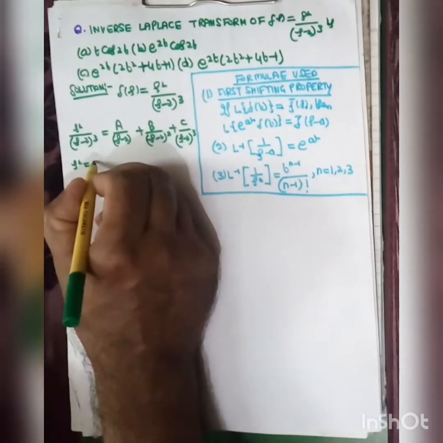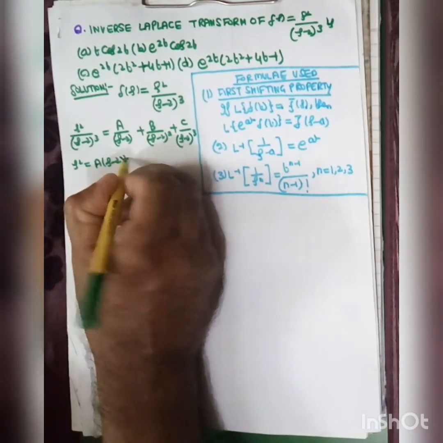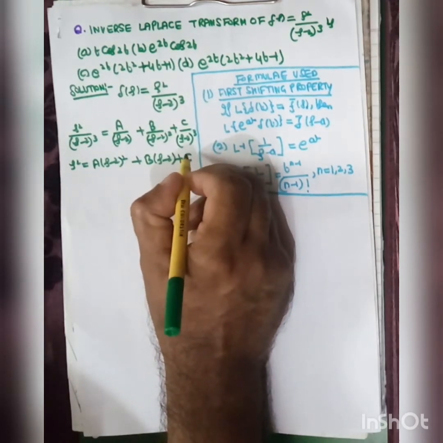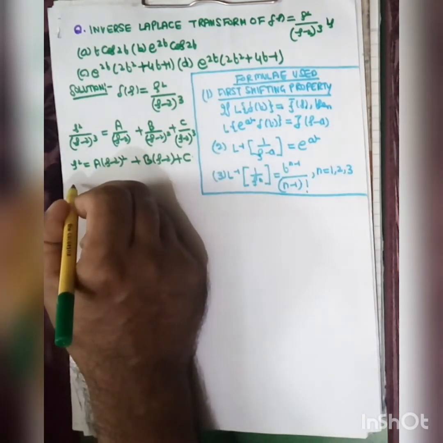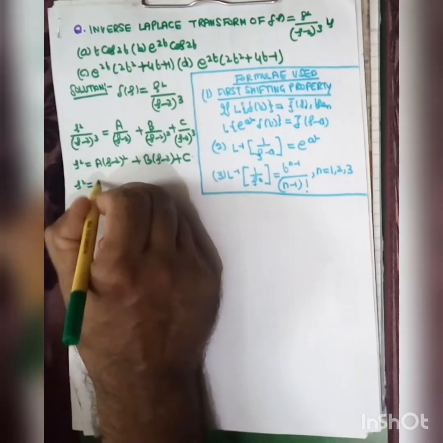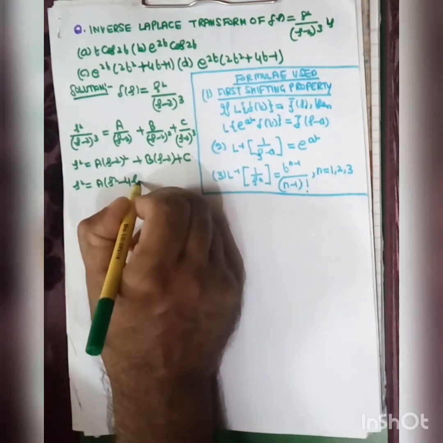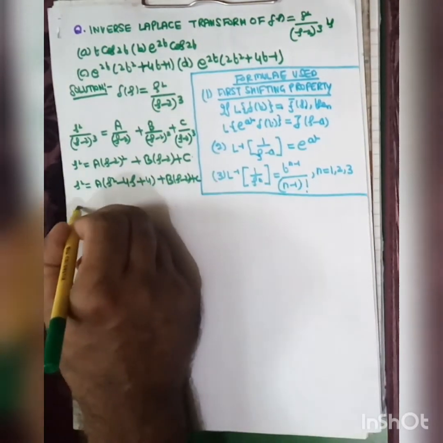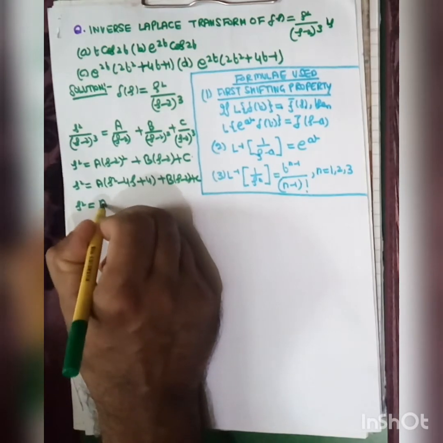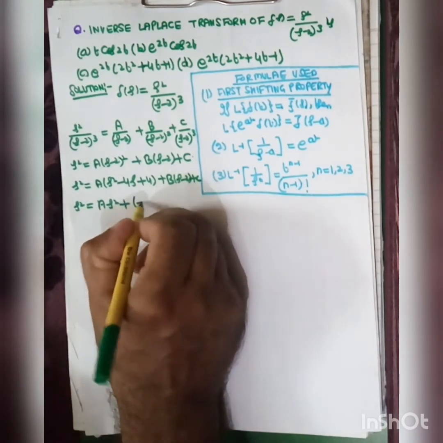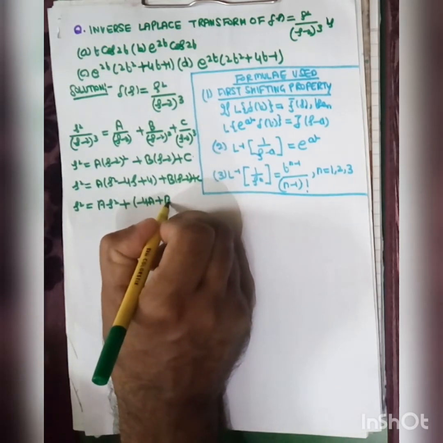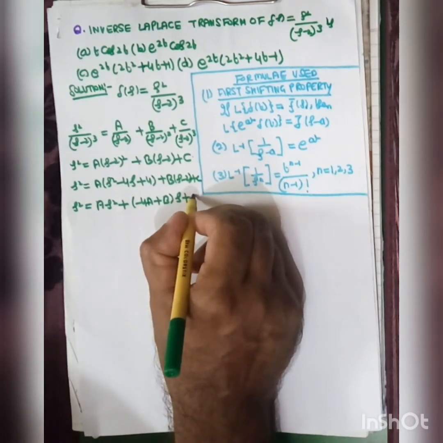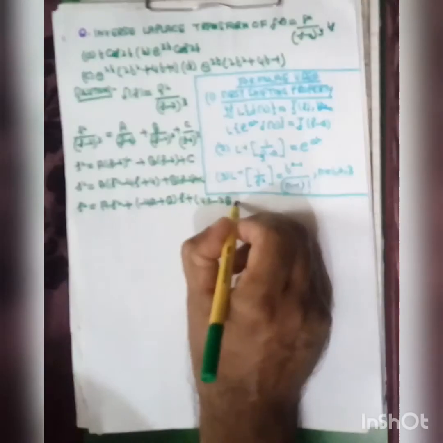So s square will be A multiplied by (s minus 2) square plus B multiplied by (s minus 2) plus C. So it will be s square is equal to A multiplied by (s square minus 4s plus 4) plus B into (s minus 2) plus C. So s square is equal to A s square plus (minus 4A plus B) multiplied by s plus (4A minus 2B plus C).